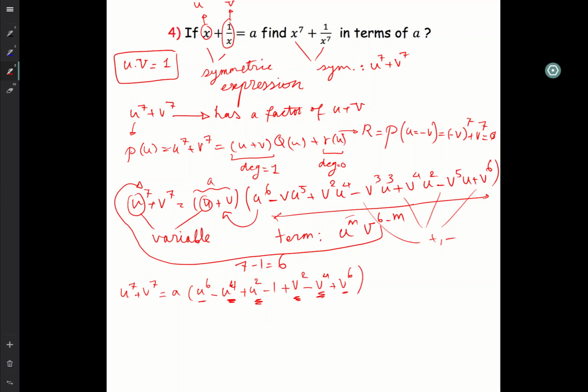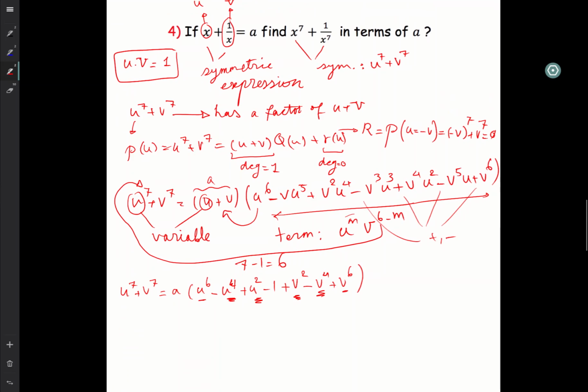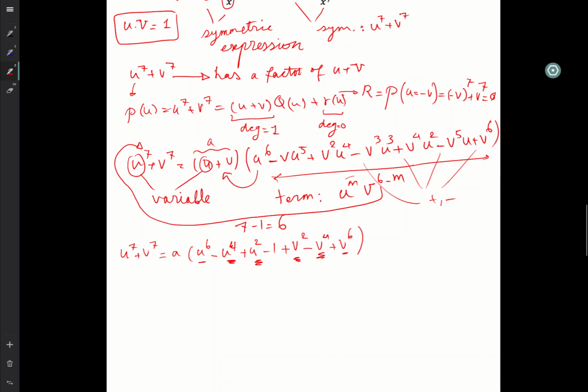And we have to continue this way to reduce, and then we have to go for finding u to the 6 plus v to the 6, and we can find it by writing u to the 6 plus v to the 6. Let's start with u squared plus v squared, which is u plus v squared minus 2uv, which is a squared minus 2.